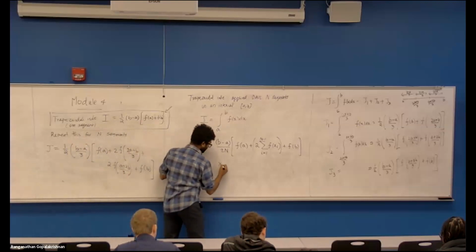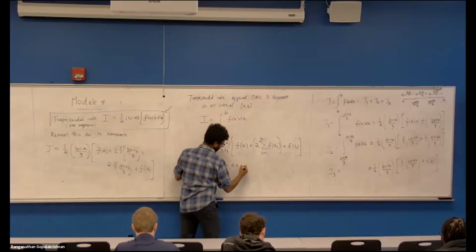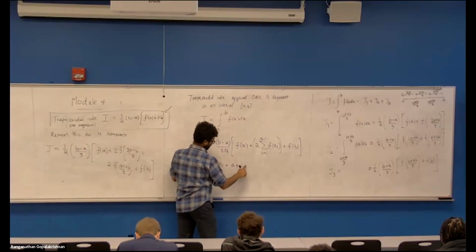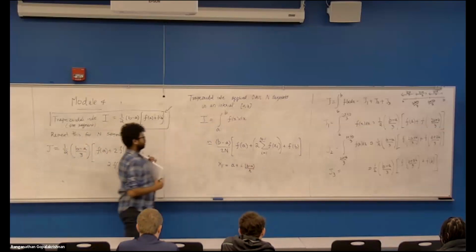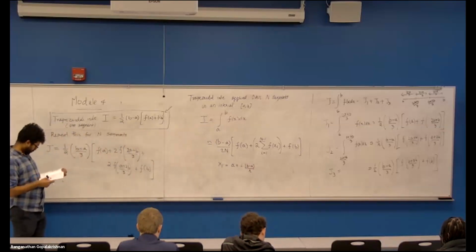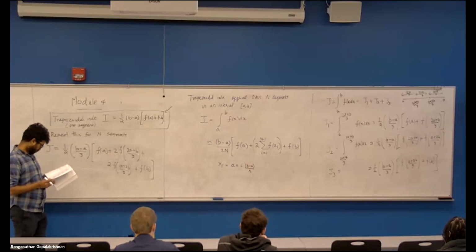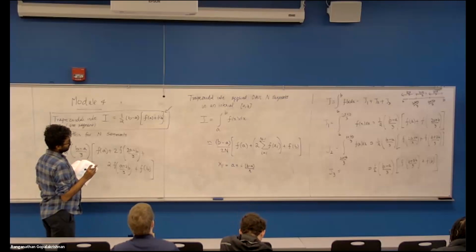Where xi equals a plus i times (b minus a) over n, so i equal to 1.